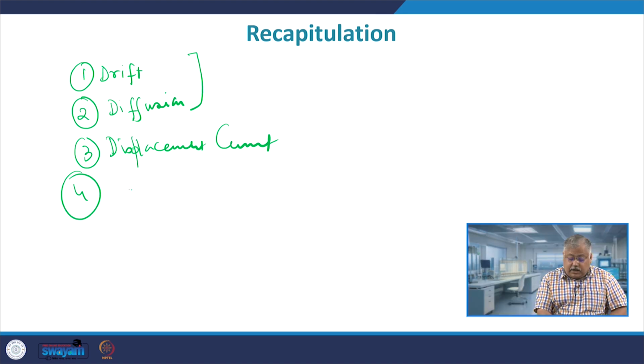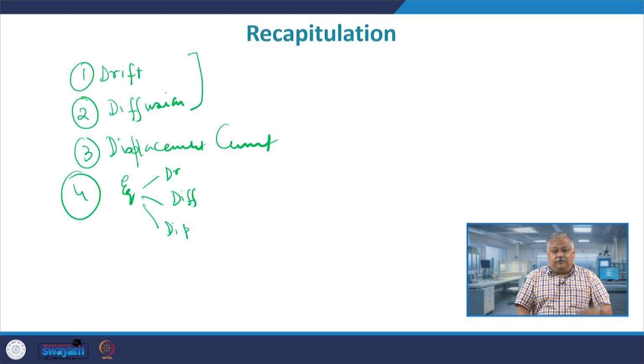And then we gave you an idea about various equations of drift and diffusion, right, and also of displacement, and how these equations are valid and where they are valid. And so, these four things were studied in a detailed manner as far as this lecture was concerned.